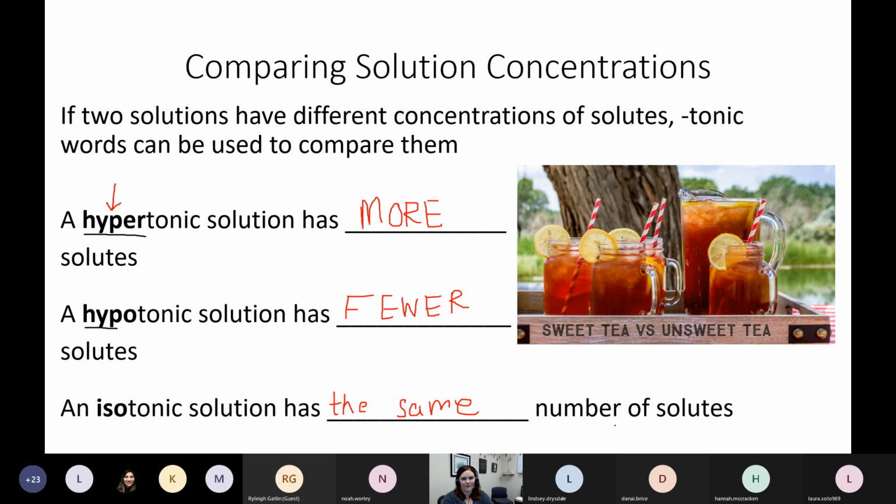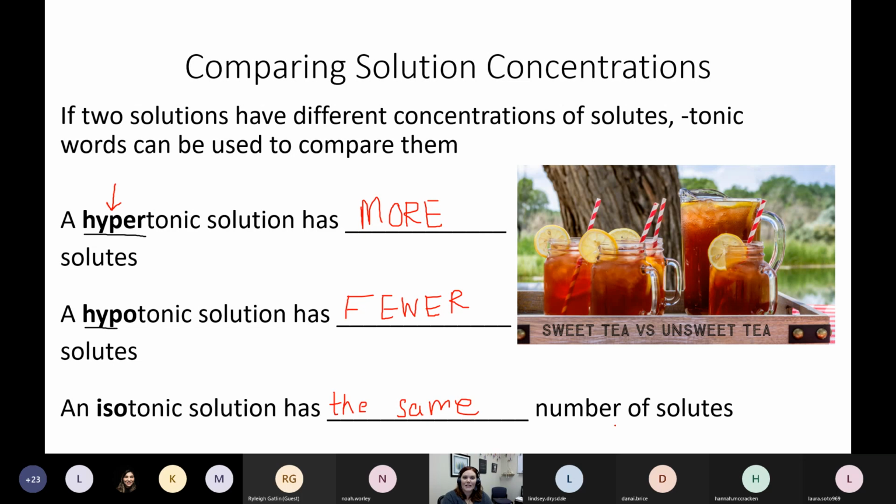Exactly. So when we're comparing sweet tea to unsweetened tea, sweet tea definitely has more sugar in it, that's why it's sweet. Sweet tea is hypertonic to unsweetened tea. So we're starting to use these tonic words to describe our two types of tea.